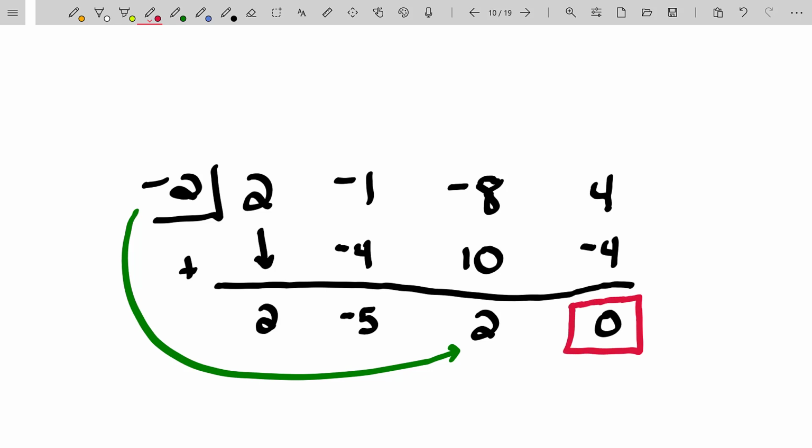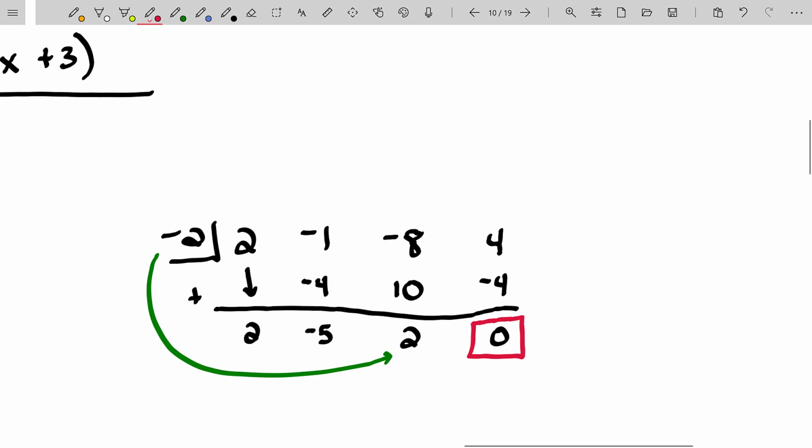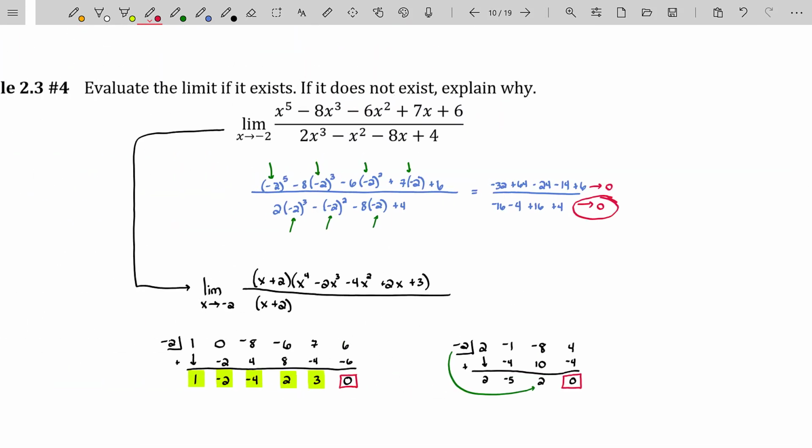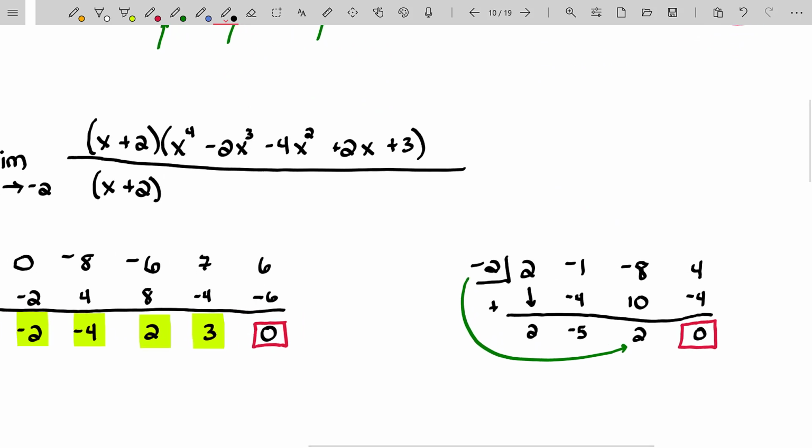And that should be no big surprise because that's the numerator of the remainder. We know the remainder should have been 0 because, when you plug negative 2 in, the value turned into 0. So the value is the remainder by the remainder theorem from your prerequisite algebra course. So now we know the denominator factors as x plus 2 times 2x squared minus 5x plus 2.